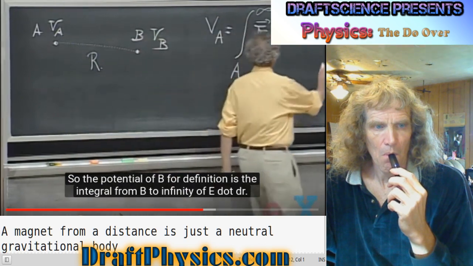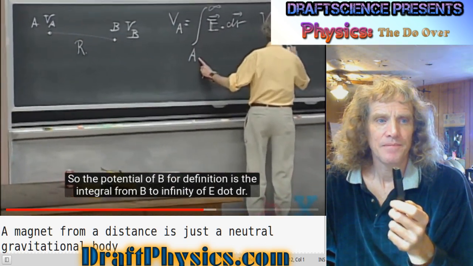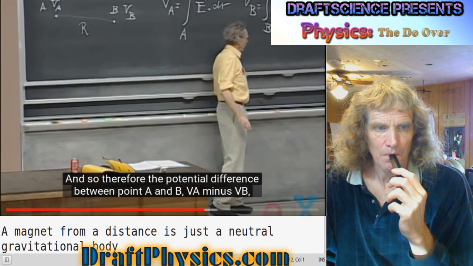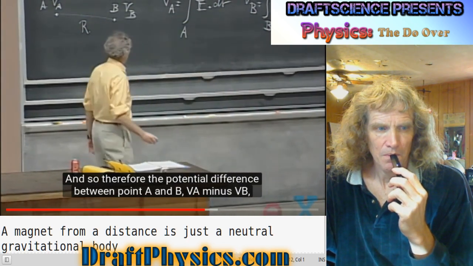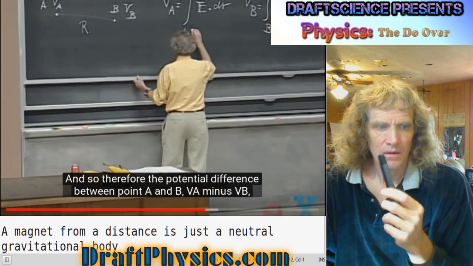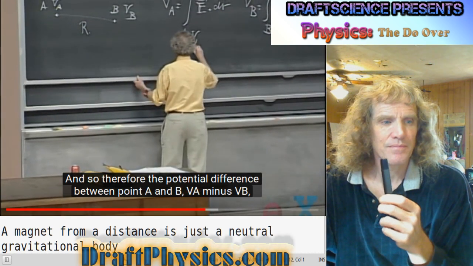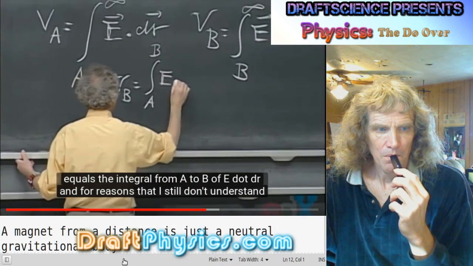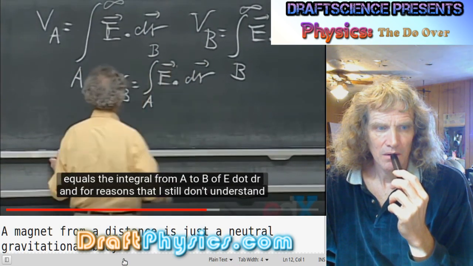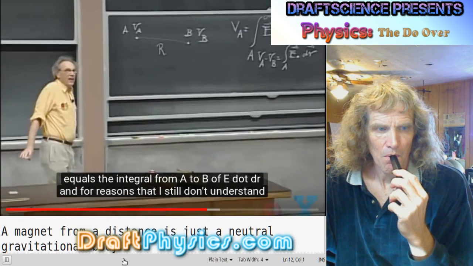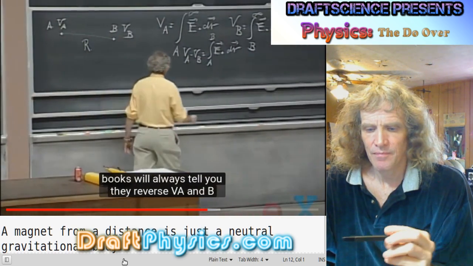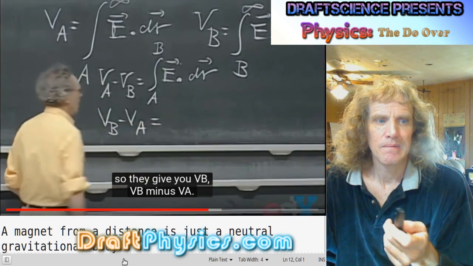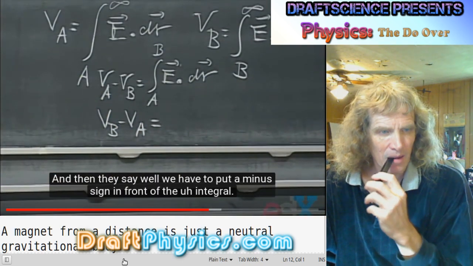So the potential of B, per definition, is the integral from B to infinity of E dot dr. And so therefore, the potential difference between point A and B, the pressure difference, VA minus VB, equals the integral from A to B of E dot dr. And for reasons that I still don't understand after having been in this business for a long time, books will always tell you they reverse VA and VB, so they give you VB minus VA, and then they say, well, we have to put a minus sign in front of the integral, the same thing.